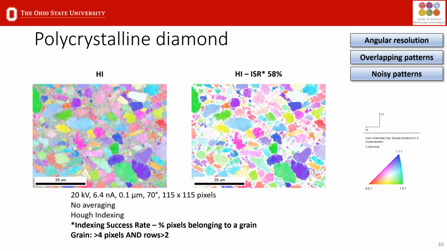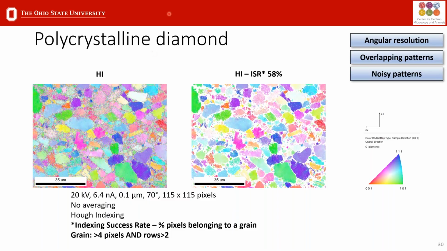And when we do the Hough-based analysis, you can see that there are a lot of misidentified orientations in the map, and this makes grain size analysis or orientation analysis really, really difficult on this material.